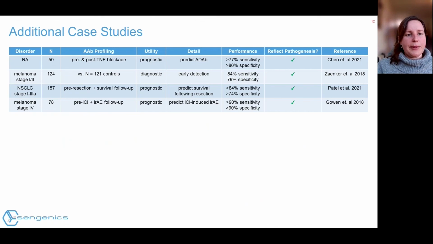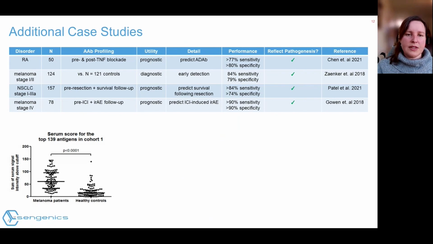So firstly, in early stage melanoma, melanoma versus controls were autoantibody profiled, and it turned out that an autoantibody panel was able to provide early detection of melanoma with 84% sensitivity and 79% specificity. This is an image from that paper showing the sum of the panel score between the melanoma patients and the healthy controls, and you can see there that there's a relatively clear distinction between the groups.